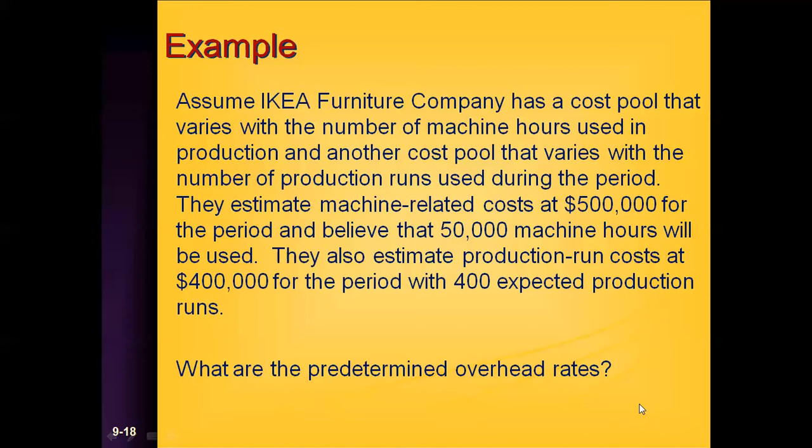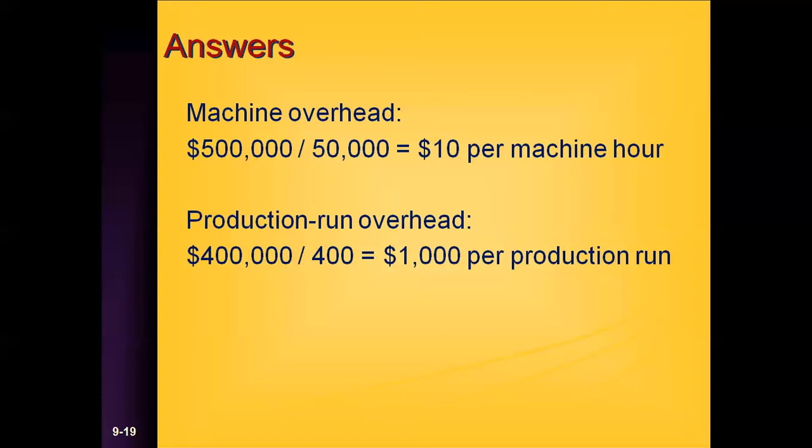So the question is, how do we determine these overhead rates? And the math is relatively straightforward, as I mentioned to you. If you take the example for machine overhead, as stated in the problem, they had approximately $500,000 of machine-related costs.